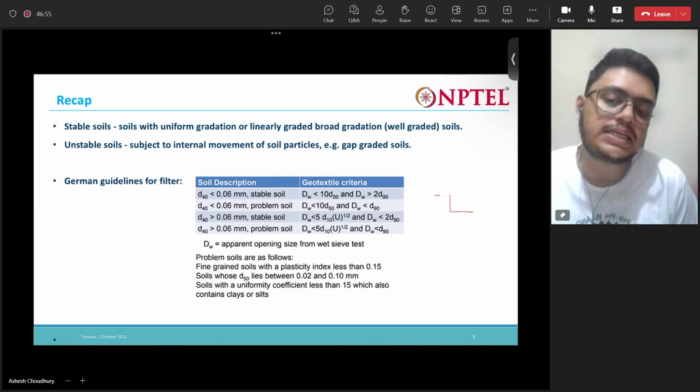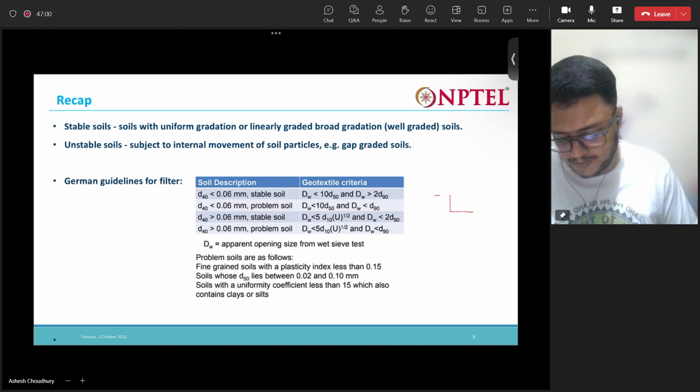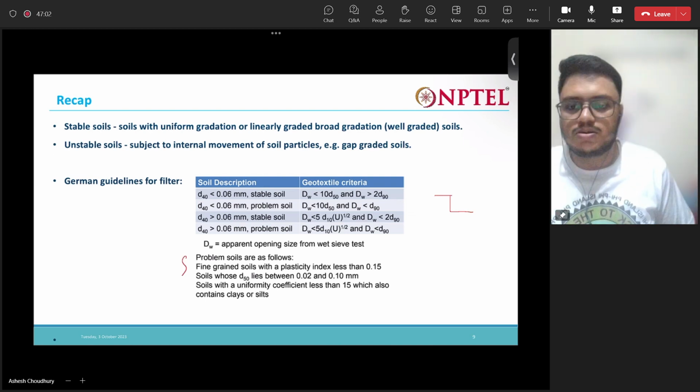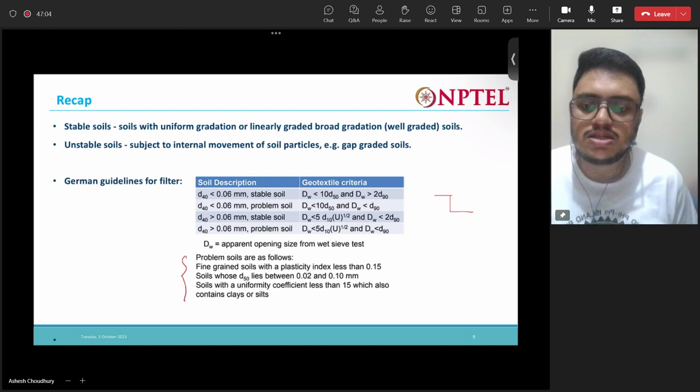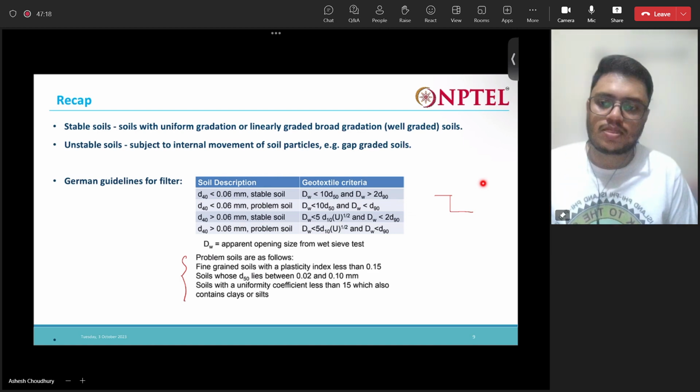So more description about the problem soils is given below. Here you can see fine grained soils with the plasticity index less than 0.15, soils whose D50 lies between 0.02 and 0.1 mm, soils with a uniformity coefficient less than 15, it also contains grains.